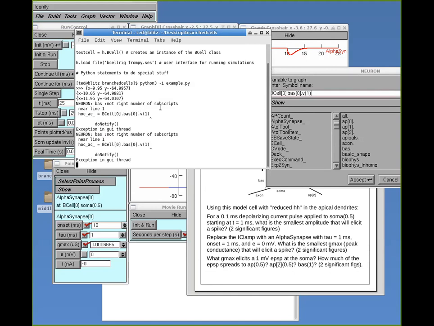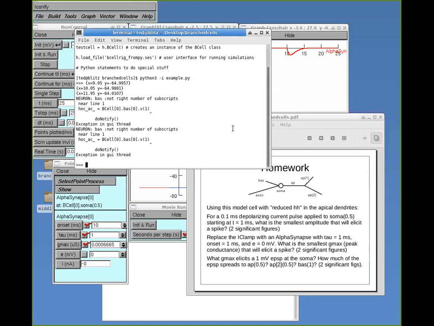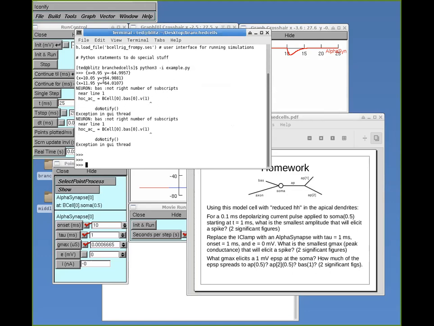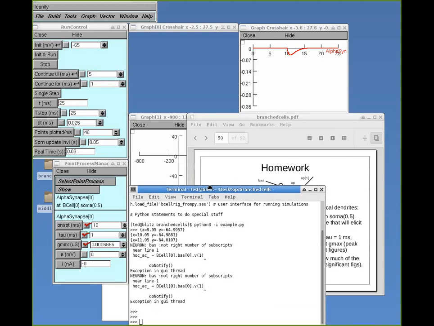It says not the right number of subscripts. That's because there's only one branch called base. It's not an array. It doesn't have a subscripted name. So I just come back up here and get rid of the bracket. And now I click on accept, and no more complications. No more complaints from the interpreter.